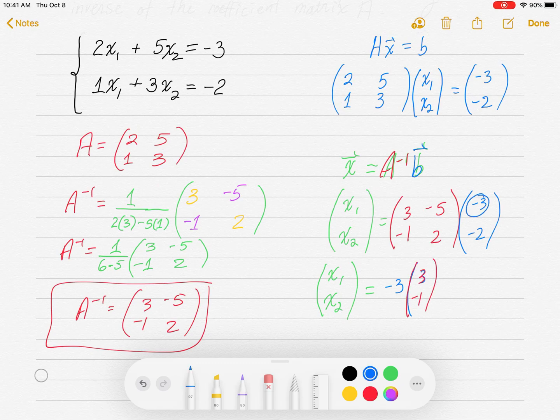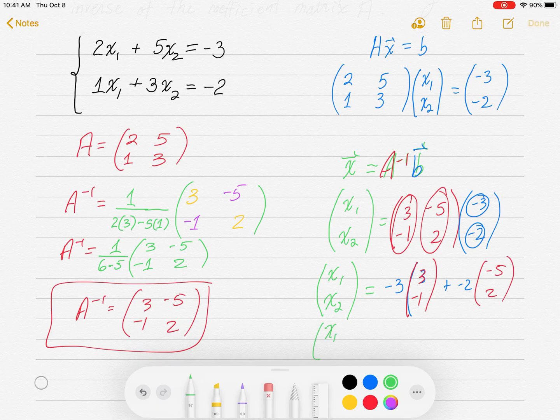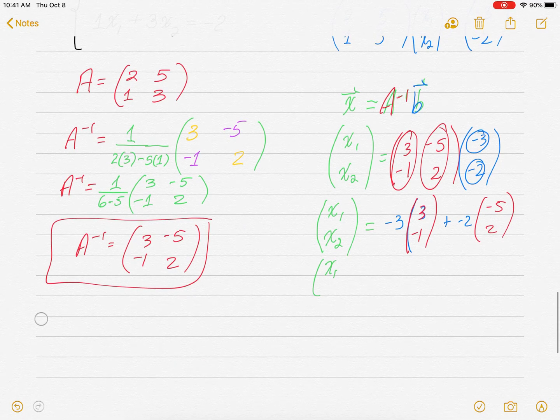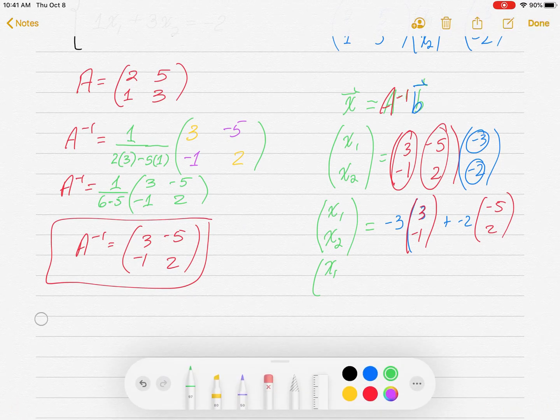How does that work? We're going to take -3 times the first column, 3, -1. It was this entry times the first column. And then plus the next entry, -2, times the second column. And that'll give you your solution, x1, x2.